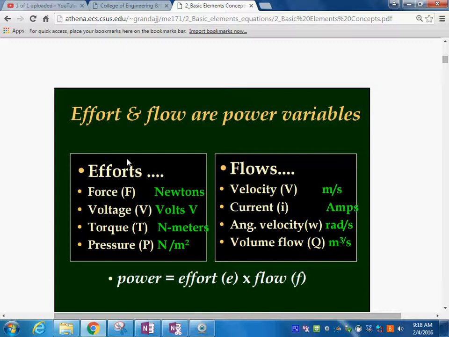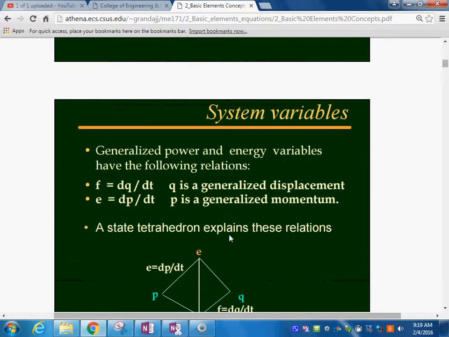We're going to call them efforts, and the other ones we're going to call flows, just so that we can generalize the way we do the models and make it easier to model things in different energy domains. So we're going to use these variables for mechanical systems, these two for electrical, these two for rotation, and these two for hydraulic systems.